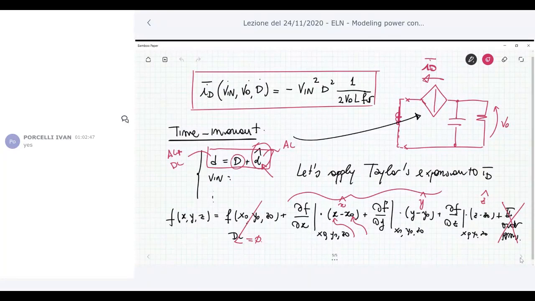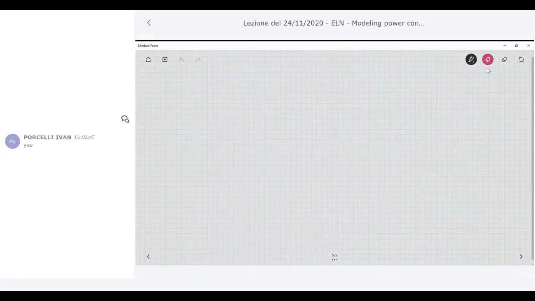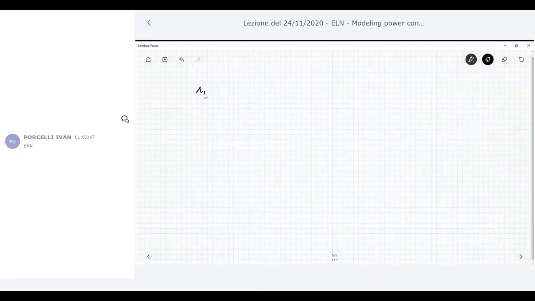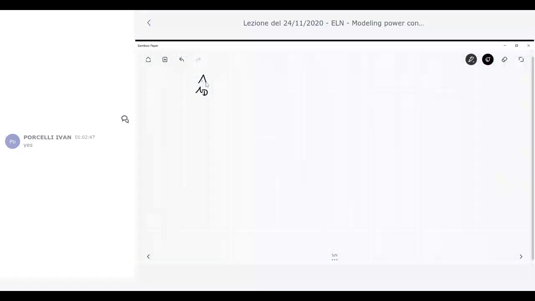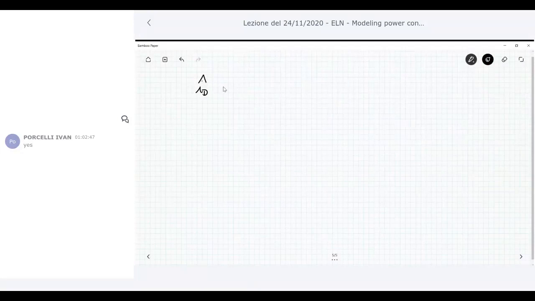So apply this Taylor series to ID. ID small signal is related to neglecting the second order term, meaning that we have not the exact solution, but something close enough.